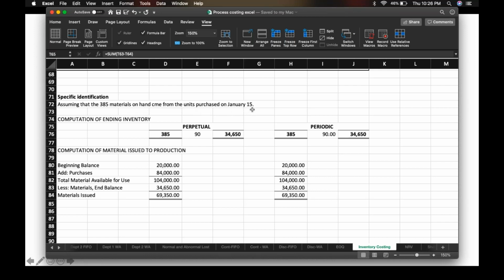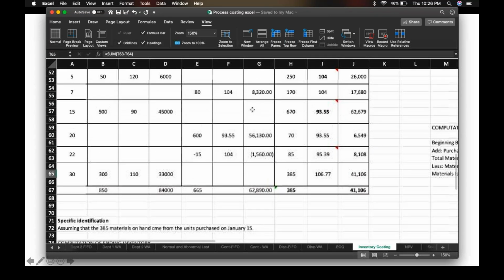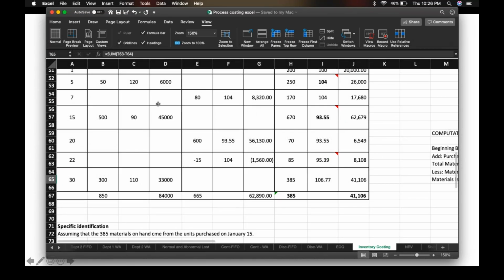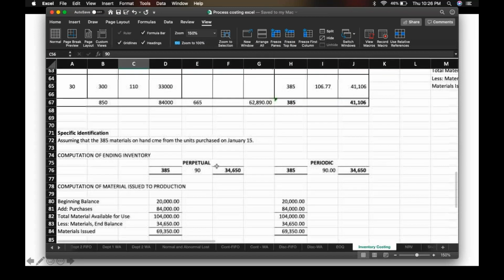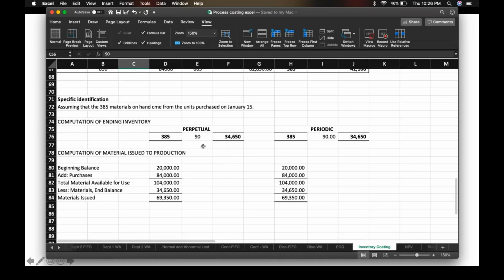And yung January 15 cost nun is 90 pesos. Let me just show it to you. Ayan, 50 at 90 pesos. At dahil specific siya, yun daw yung merong natira. So under periodic and perpetual, we have the same amount of ending inventory. And therefore, we have the same amount of materials issued.